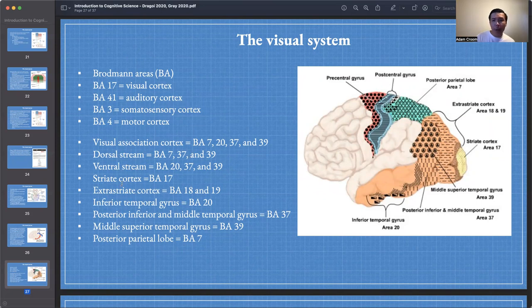So we see the striate cortex is right here, BA17. And then the dorsal and ventral streams, the where and the what, we have the BAs for those. And the extrastriate cortex is right here.